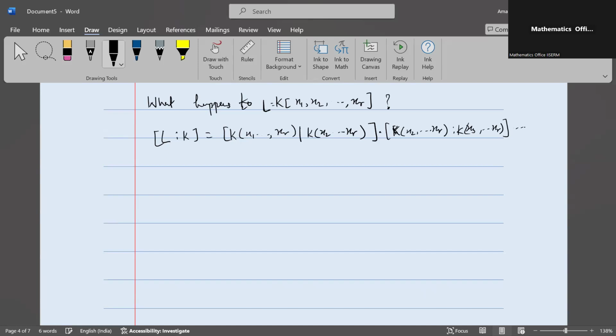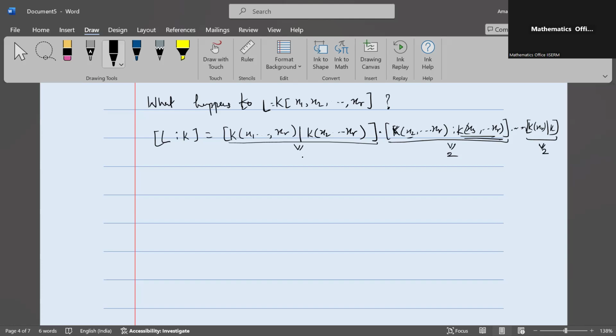And then lastly, we have the degree of k(xr) over k. So you see here we have r terms in the multiplication. These are natural numbers and each of them is bigger than or equal to 2, because in this field we don't have x2, so we are choosing less.